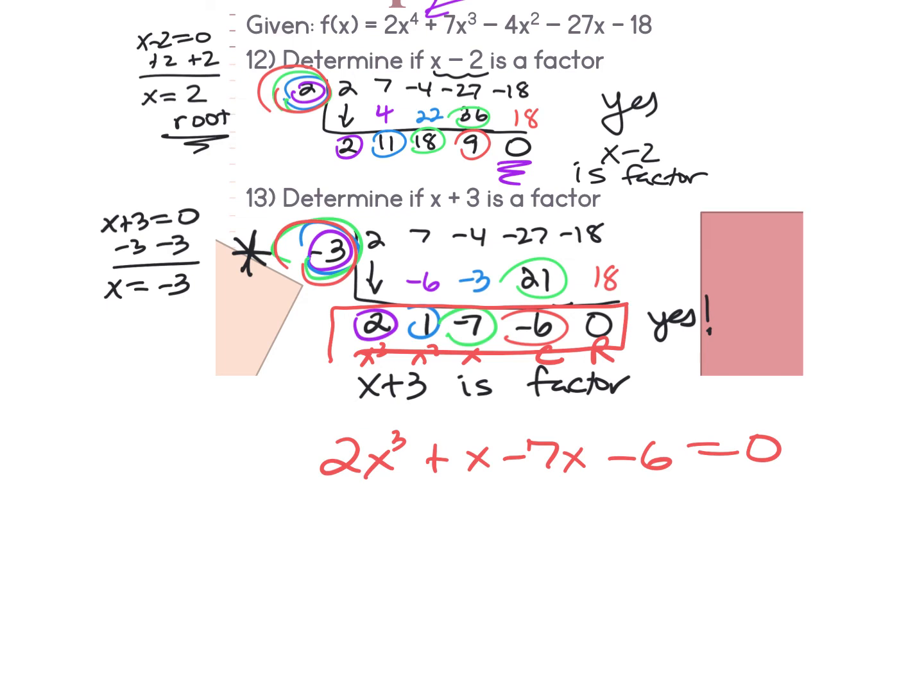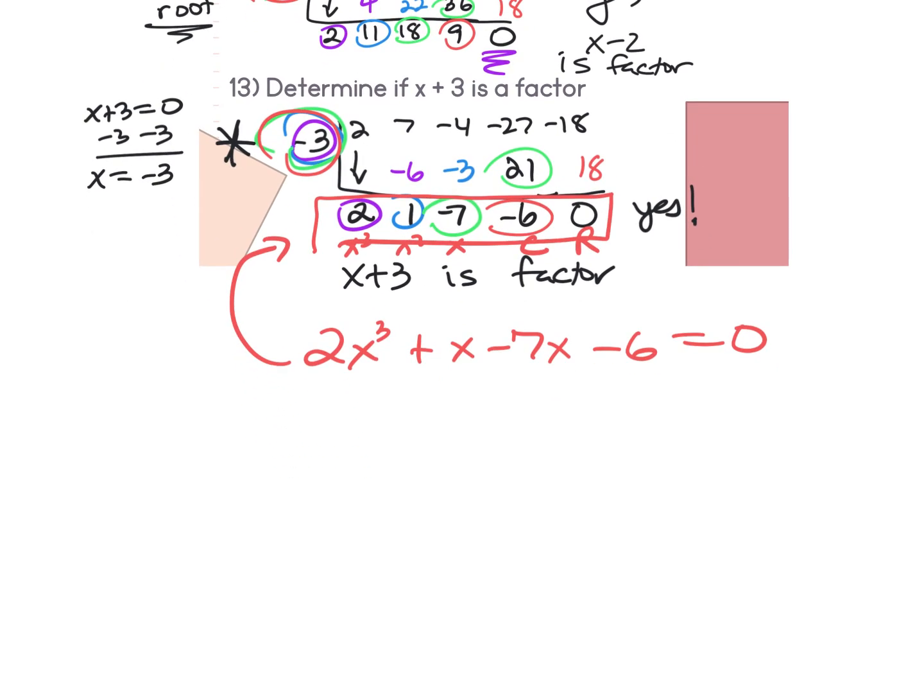I could try to factor it by grouping, but it doesn't work. So I'm going to do another synthetic division with this answer. I'm going to put all of this in my synthetic division box. So I'm going to use 2 and 1 and -7 and -6, and I'm going to use the 2 that they asked me to do at the beginning.